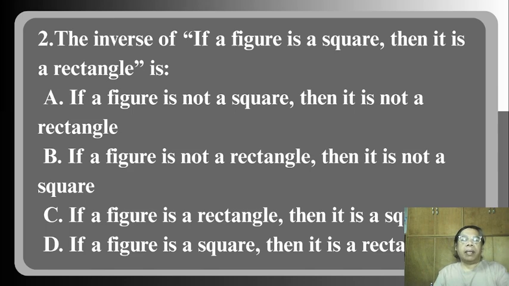Letter B. If a figure is not a rectangle, then it is not a square. Letter C. If a figure is a rectangle, then it is a square. Letter D. If a figure is a square, then it is a rectangle.